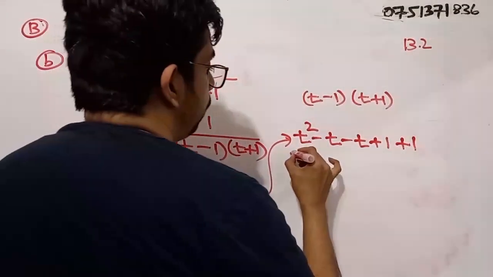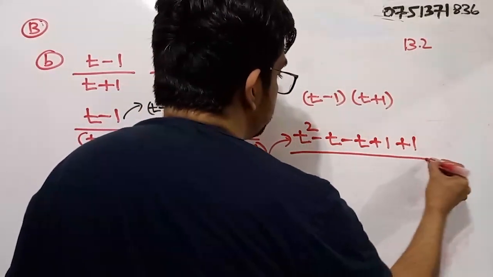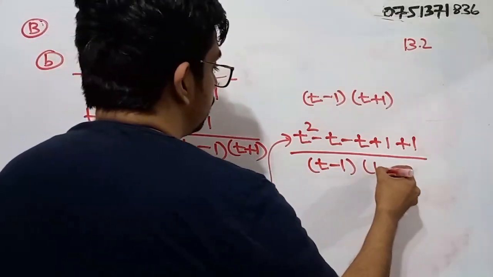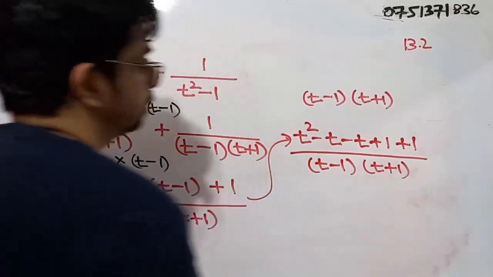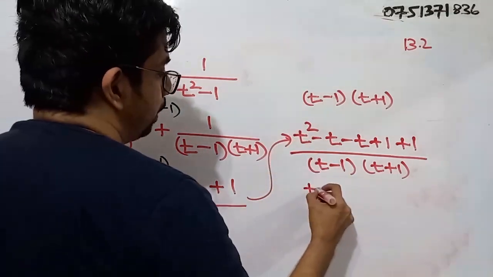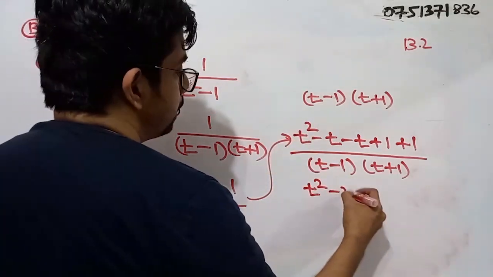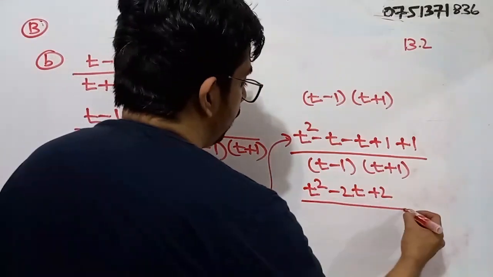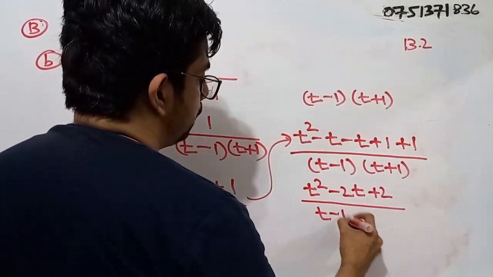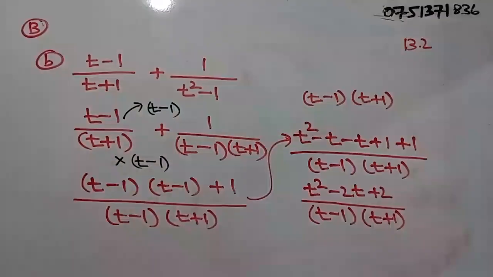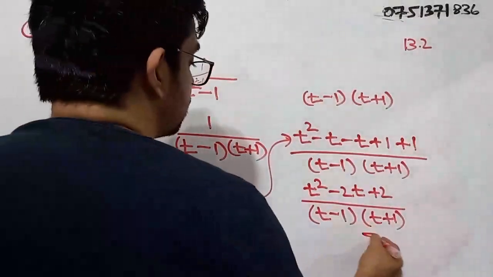Now the entire expression needs to be divided by (t - 1)(t + 1). So here we can do some simplifications. We have (t squared - 2t + 2) divided by (t - 1)(t + 1). So this should be the answer.